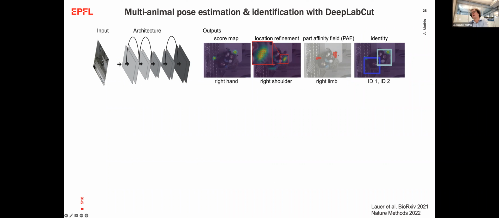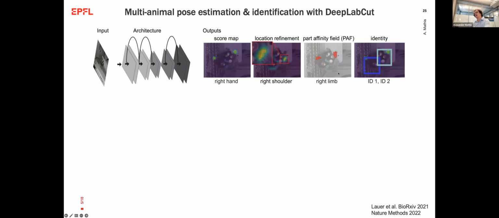In other words, if we take putative detections at inference time, we can integrate the vector fields between these putative detections, and they can then decide whether an elbow belongs to a wrist or not. And that's actually how inference works, and I will show you that in a second.